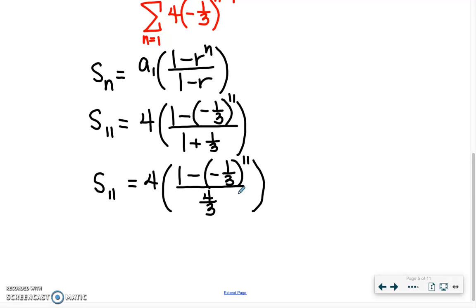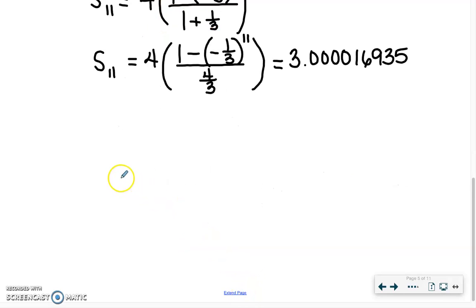You're now going to go to your calculator and very carefully type all this in. I would suggest doing it in chunks. So maybe do the numerator, then divide by 4/3, and then multiply by 4 last, to not overwhelm your calculator. Here is the answer. It should be 3.00001693.5, and that's if I didn't round at all.